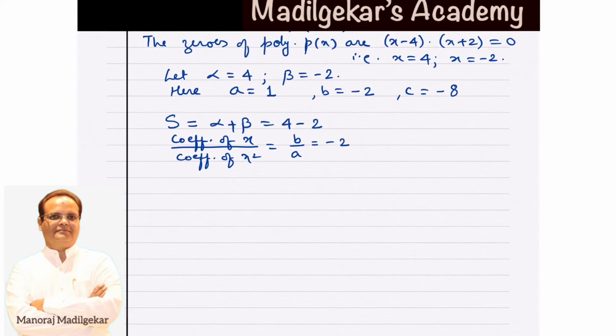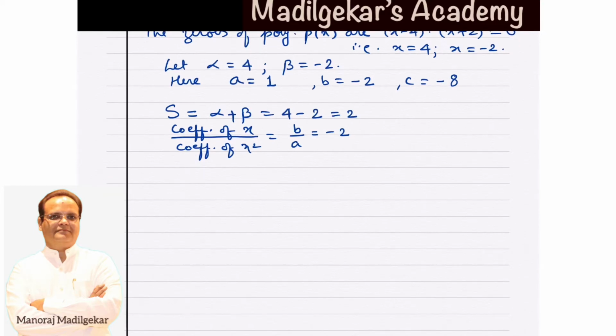Now here alpha plus beta is 2. So you can check that the sum of zeros is minus of coefficient of x upon coefficient of x square. So sum is verified.